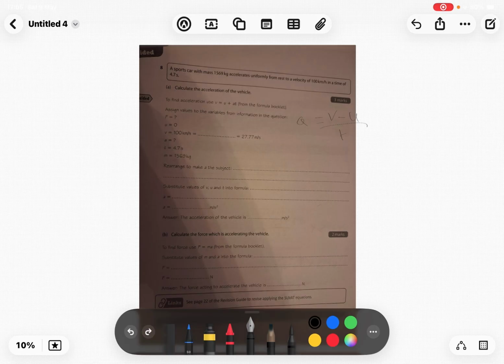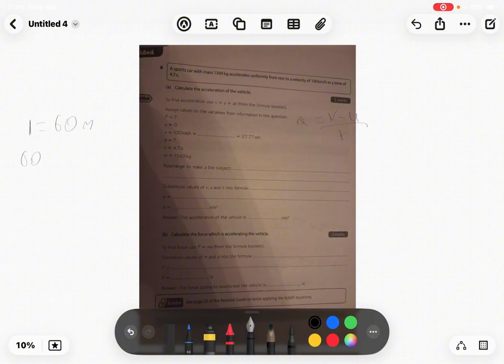So to convert this, we're going to times it by 1,000, but at the same time, over here you see it's hours, right? We need to find it in seconds. In 1 hour there are 60 minutes.